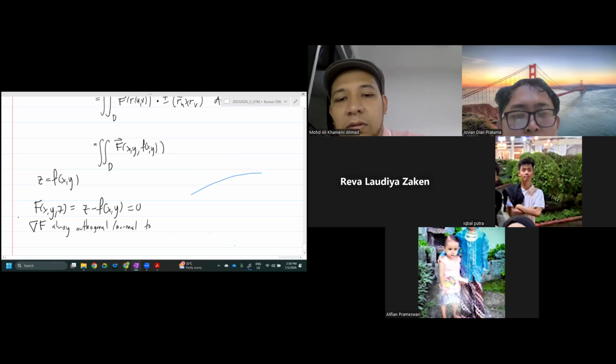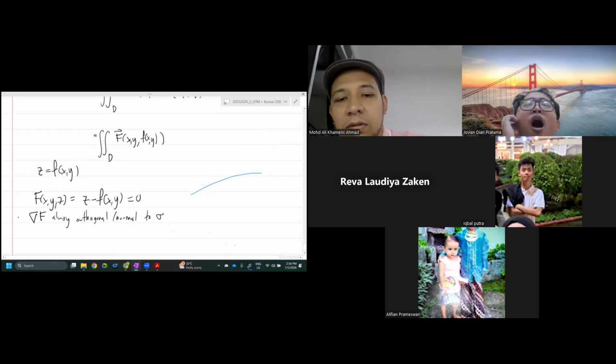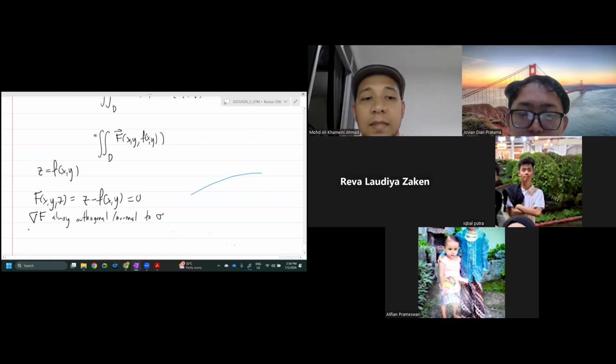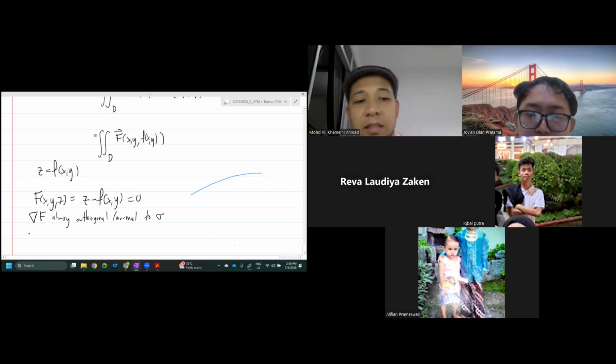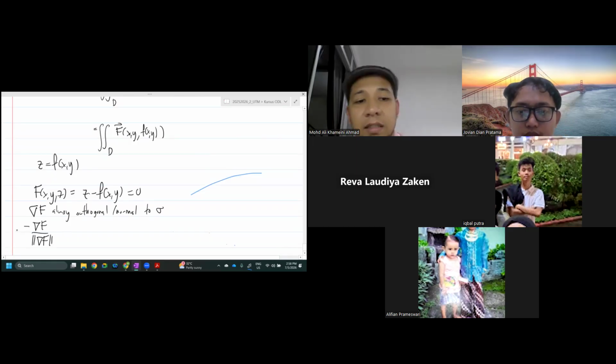And then to make it a unit vector, just divide the gradient by its magnitude. Okay. And then you can choose either of two directions, plus or minus. So this is your n. Okay. So this will be what?